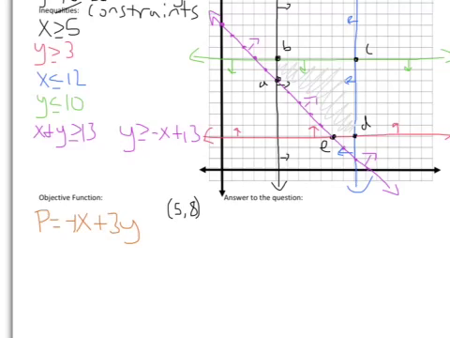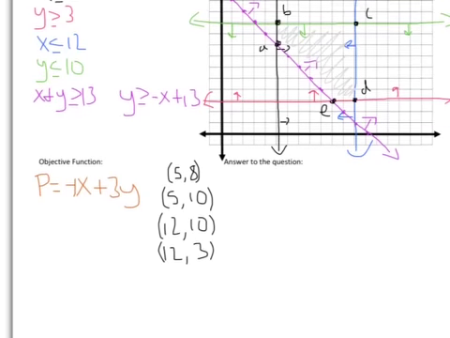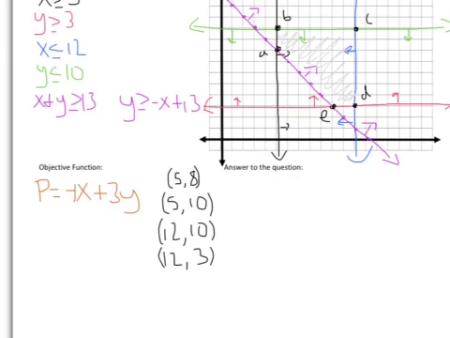For B, I'm at 5, 10. For C, I'm at 12, 10. For D, I'm at 12, 3. And lastly, for E, I'm at 10, 3.